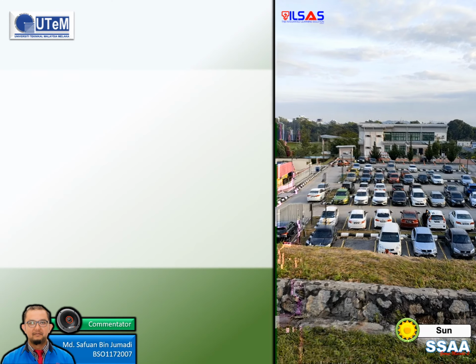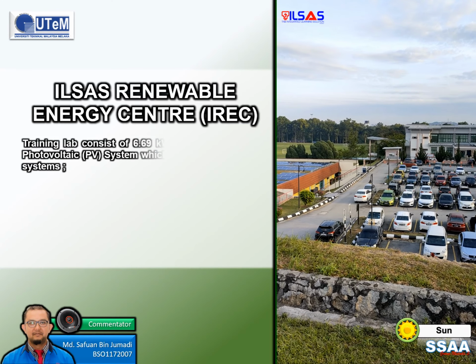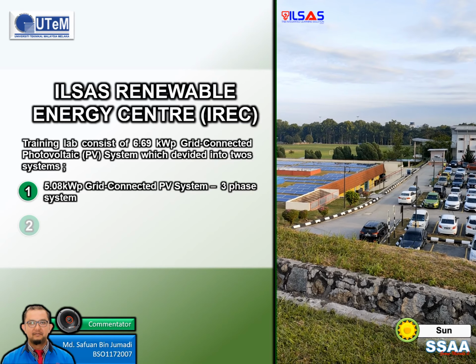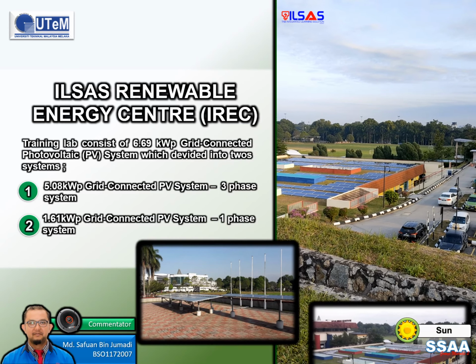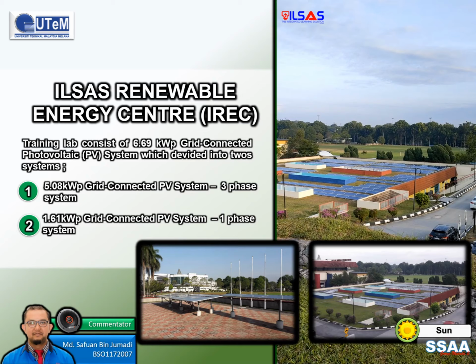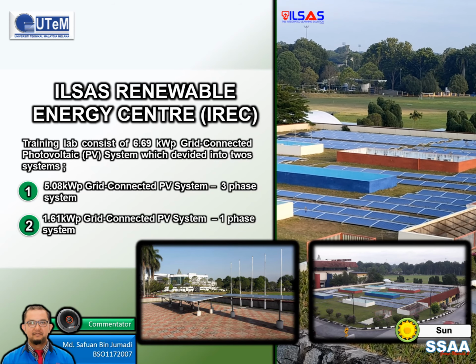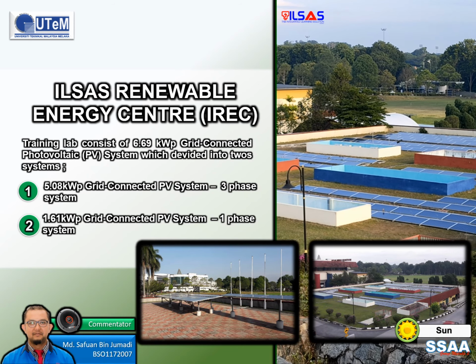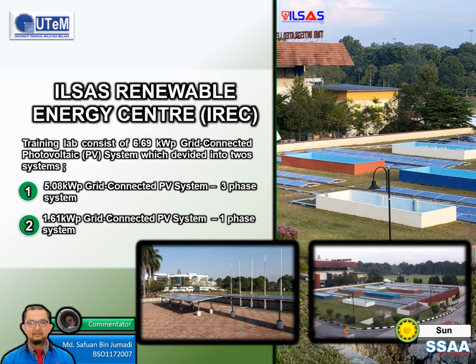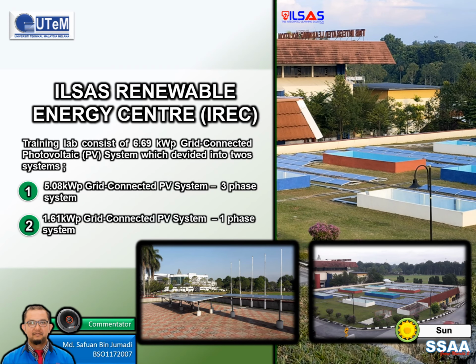ILSA's Renewable Energy Center, or IREC, is a training lab consisting of a 6.69 kWp grid connected photovoltaic system which is divided into two systems. Single line diagram, or SLD.